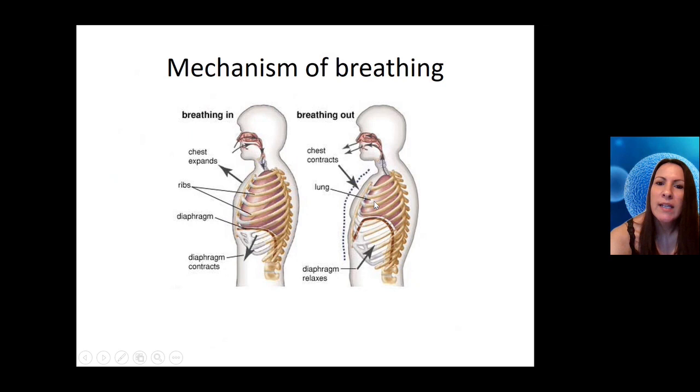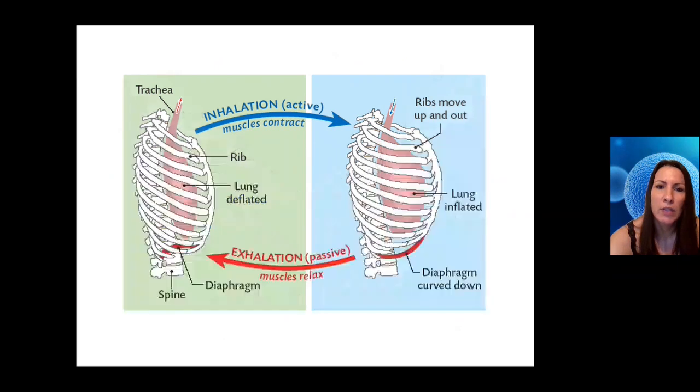When we breathe out, the diaphragm relaxes and rises back into that dome shape. The ribs move down and in, decreasing the area in the chest cavity and increasing the pressure, and air naturally wants to move out of the lungs into the atmosphere to equalise the pressure.